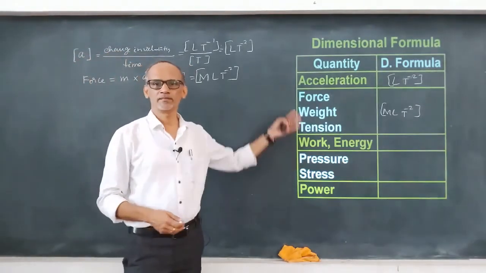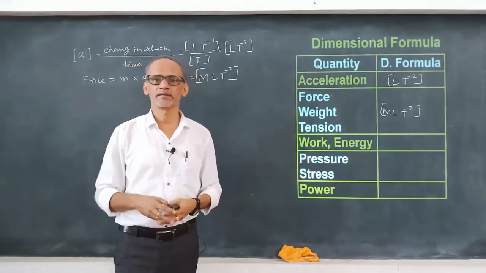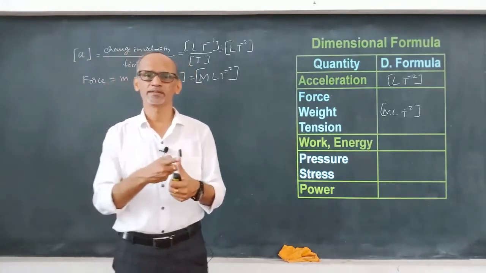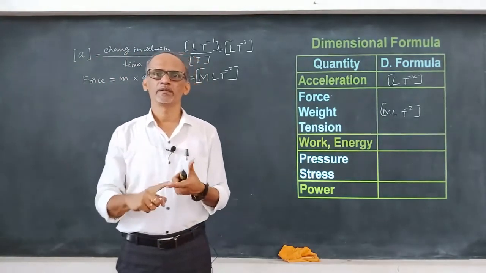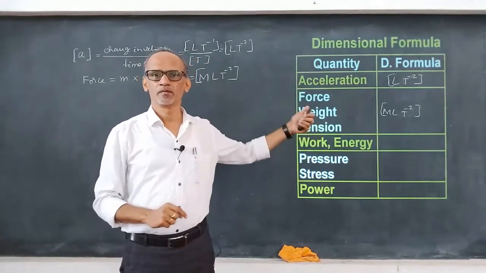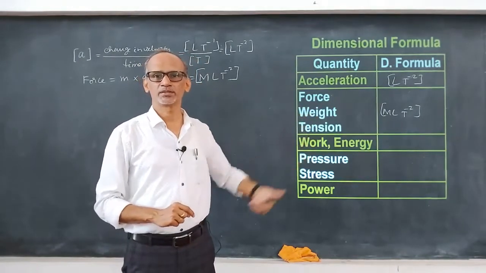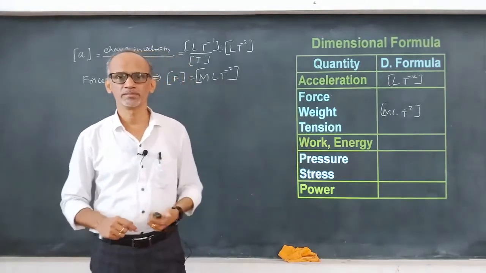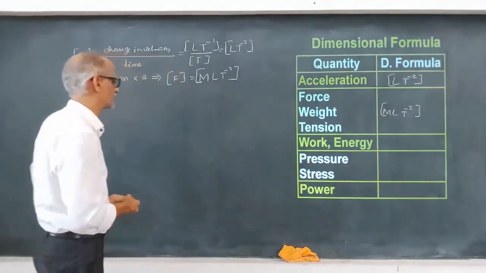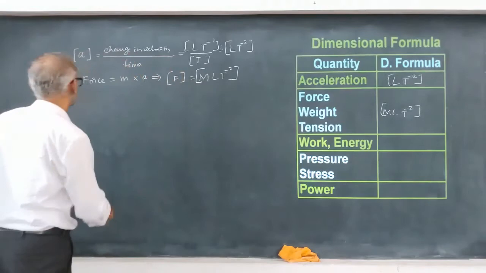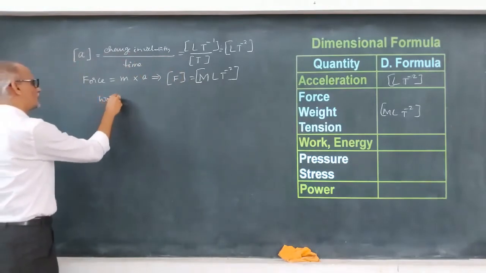work and energy. See, we have plenty of pairs of quantities having the same dimensional formula. One, speed and velocity. Then we have impulse and momentum, force, weight, tension. Now work and energy, pair of physical quantities having the same dimensional formula. Now, how do we measure work?